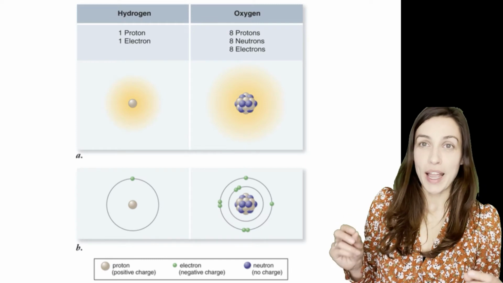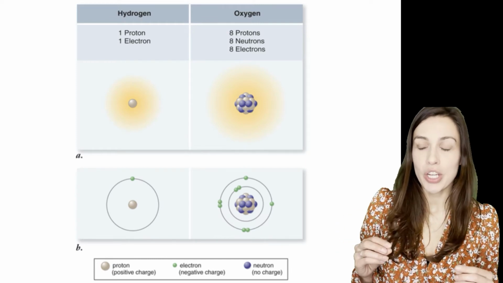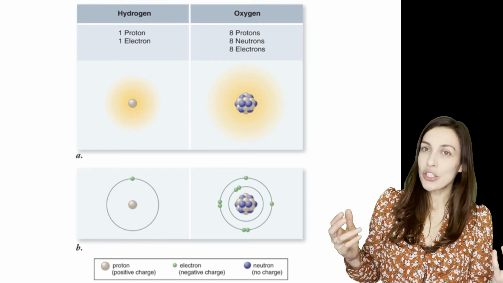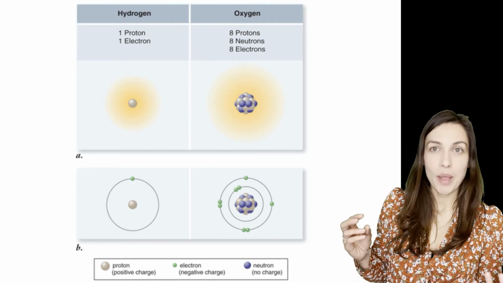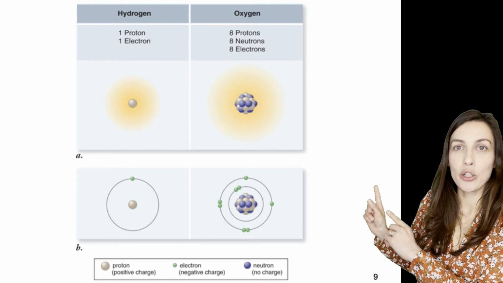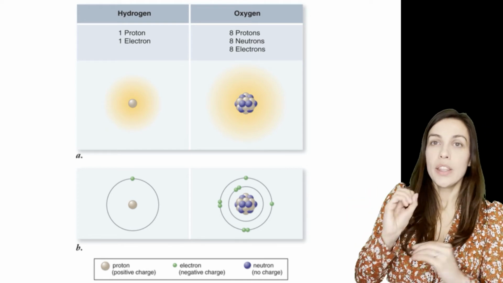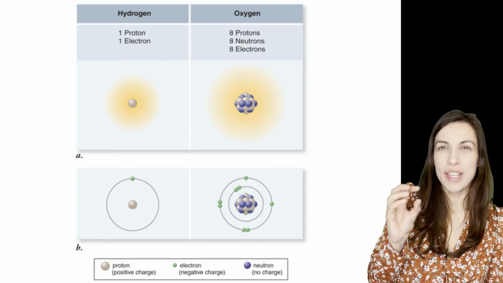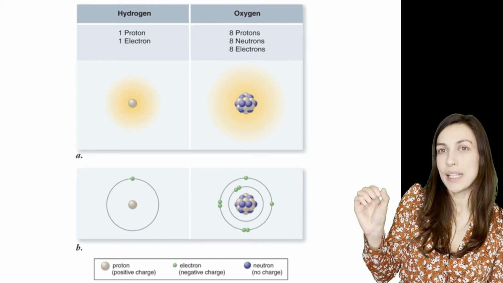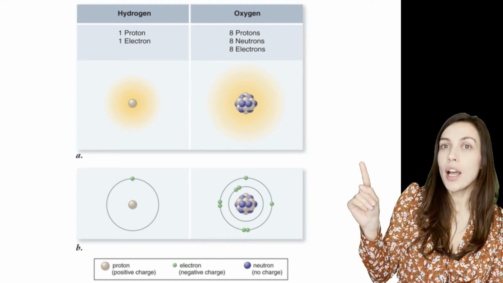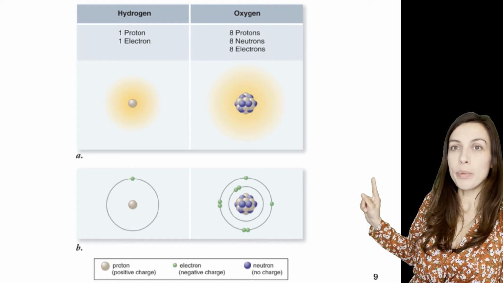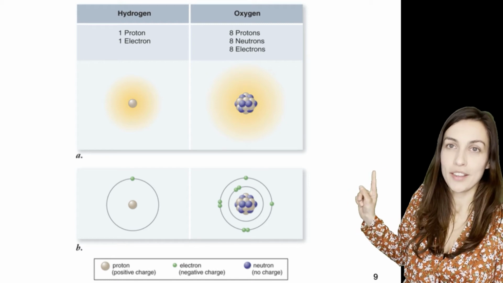It is common for science books in chemistry and biology to demonstrate the structure of an atom like this diagram B at the bottom. They show the nucleus, or the center part of an atom, in the center, and then they draw electrons orbiting around the nucleus.